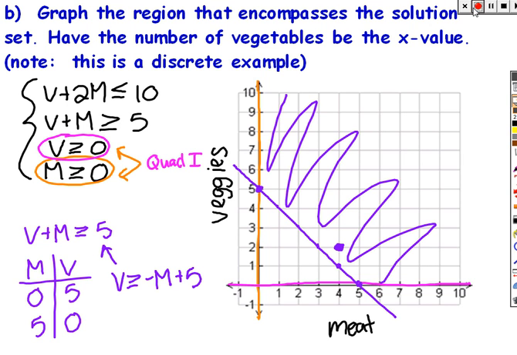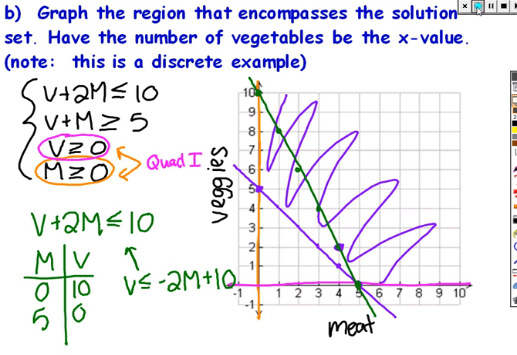Another way you could graph the inequality is just to solve for the v or the y, whatever's on the y-axis. So your slope is -1, and you're starting at your y-intercept of 5. Similarly, you could graph the very first inequality by finding the y-intercept and x-intercepts by plugging in 0 for x, 0 for y, or you could solve for v.